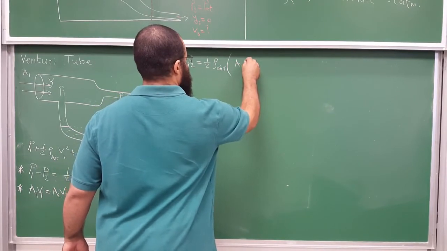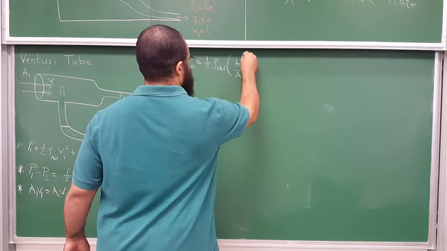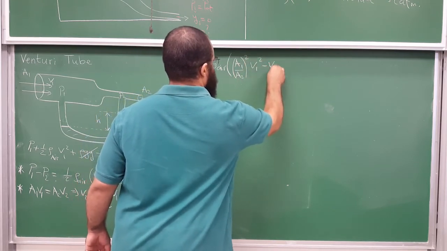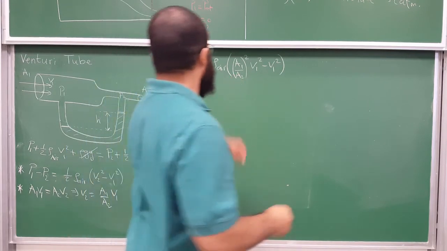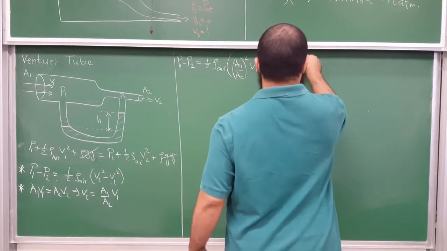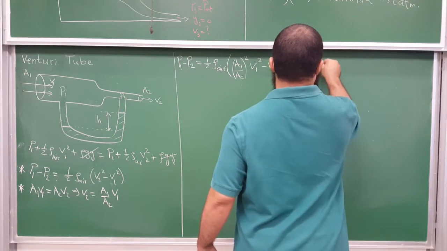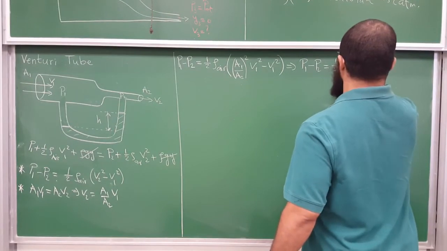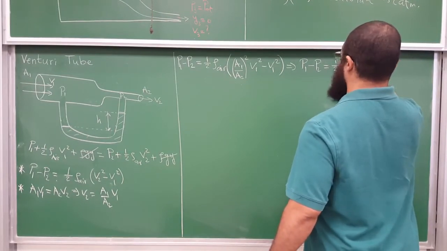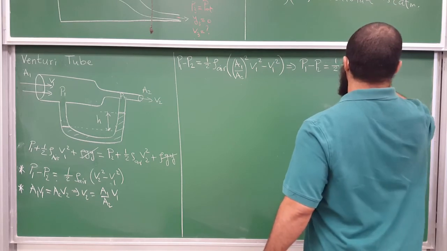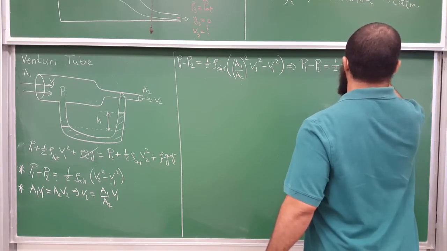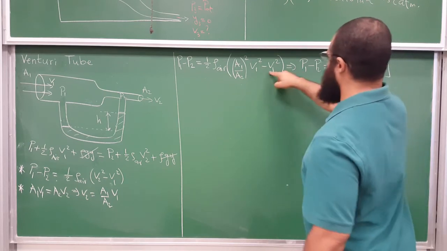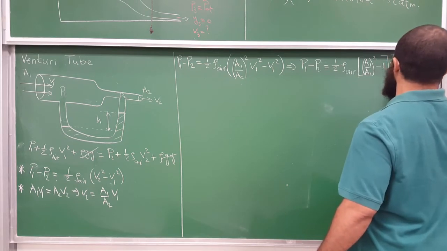A1 over A2 squared, V1 squared minus V1 squared, like so. And let's factor the V1 squared, so we get P1 minus P2 equal to 1/2 rho air times this, area 1 over area 2, the whole thing squared minus 1, because I factored the V1 squared, and I'll put it here, V1 squared, like so.